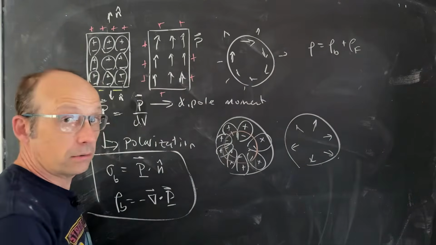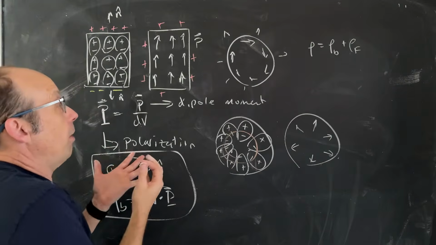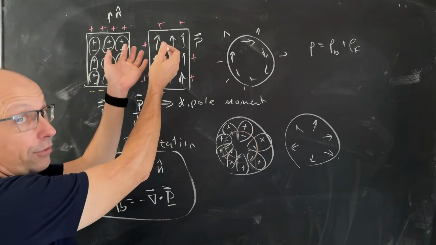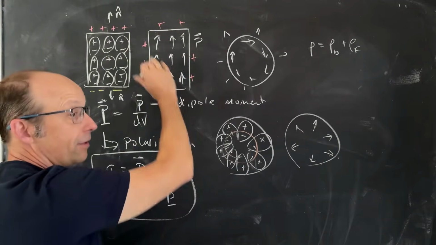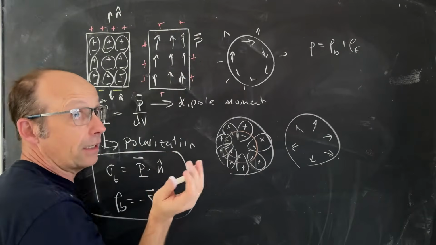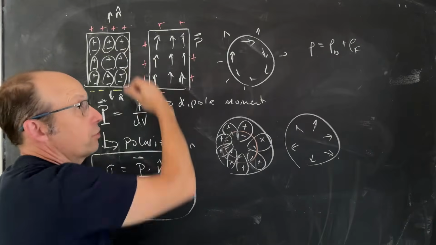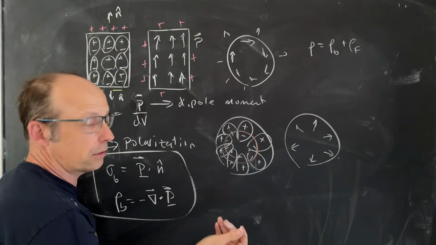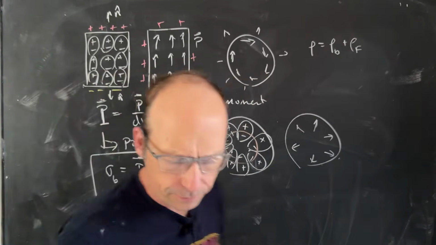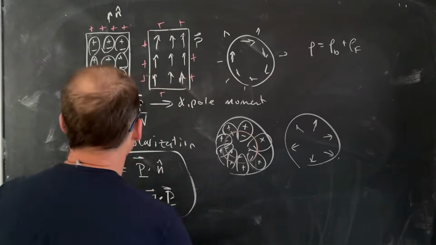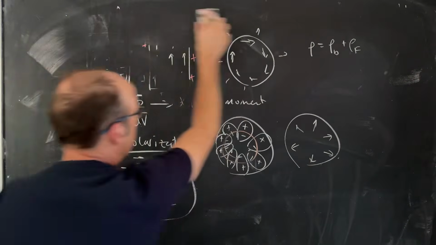That's important, because when we start talking about matter, we want to treat those two things separately. What happens in this material, if it's not permanent dipoles, depends on the charges and the external factors. So that's where we want to break it up. And this gets us to our first big idea, the displacement field.